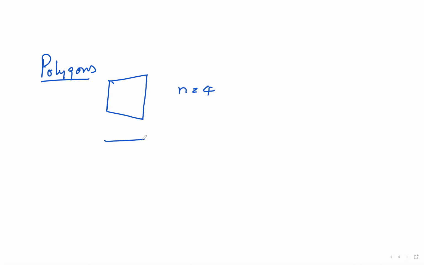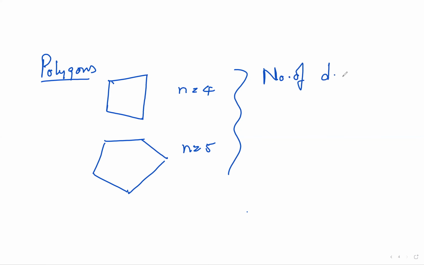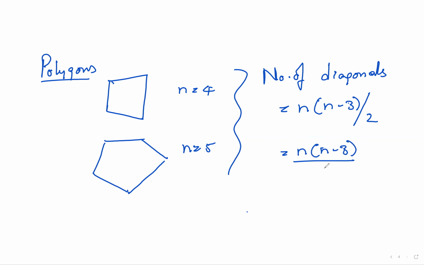In the same way, if we take another polygon, what is this? n is equal to 5, a pentagon. For each polygon, how many diagonals can you form? The number of diagonals that can be formed equals n times (n minus 3) divided by 2. Understood?